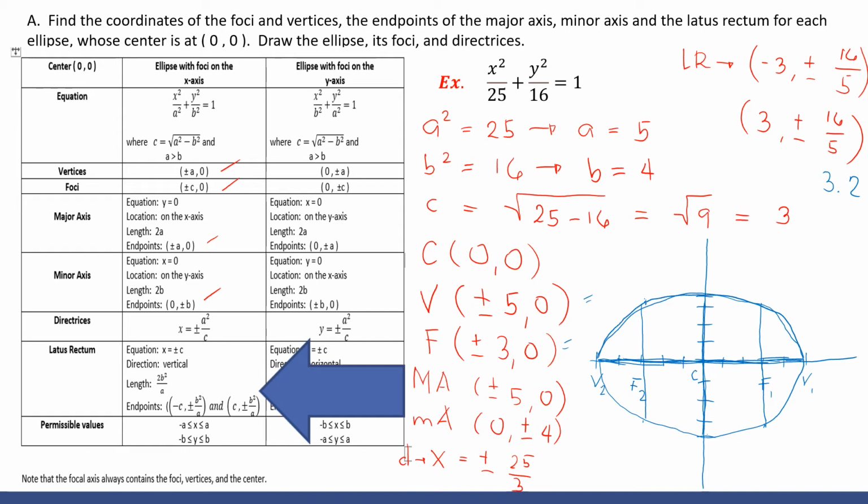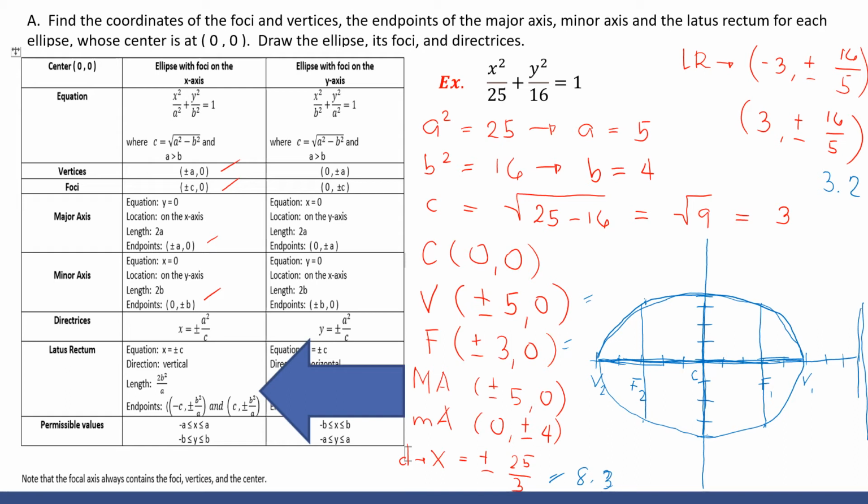And for the directrix, x equals plus minus 25 over 3. If you are going to divide 25 by 3, it's approximately 8.3. Kaya naman, from the origin, ibig sabihin, kakanan ka ng 8.3 units. So, kung itong vertex ay 5, dagdagan nyo lang 6, 7, 8, approximately 0.3 units.